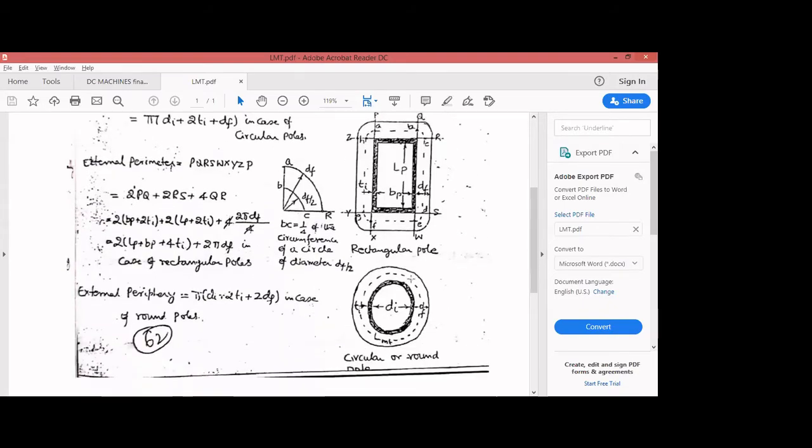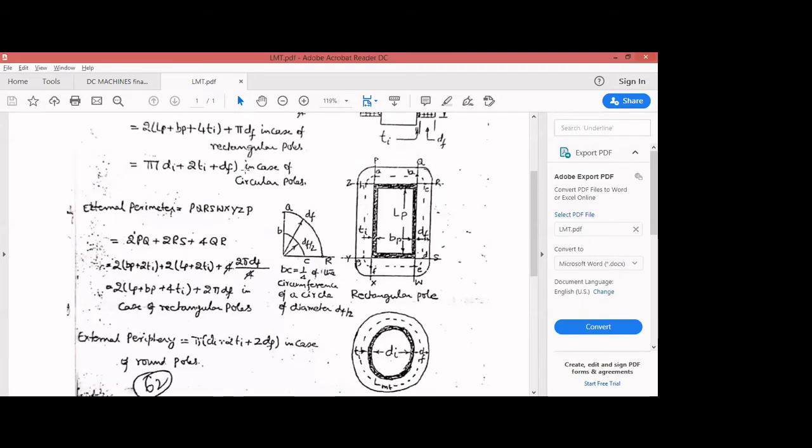Likewise, in the case of a circular pole, what is the formula here? Same thing: pi into (di plus 2ti) plus 2 df. For this, I want L0. L0 is nothing but the outer turn or your perimeter. So this is nothing but df here, df plus df here. What you get here is 2df. Once again, this will be similar to this one.